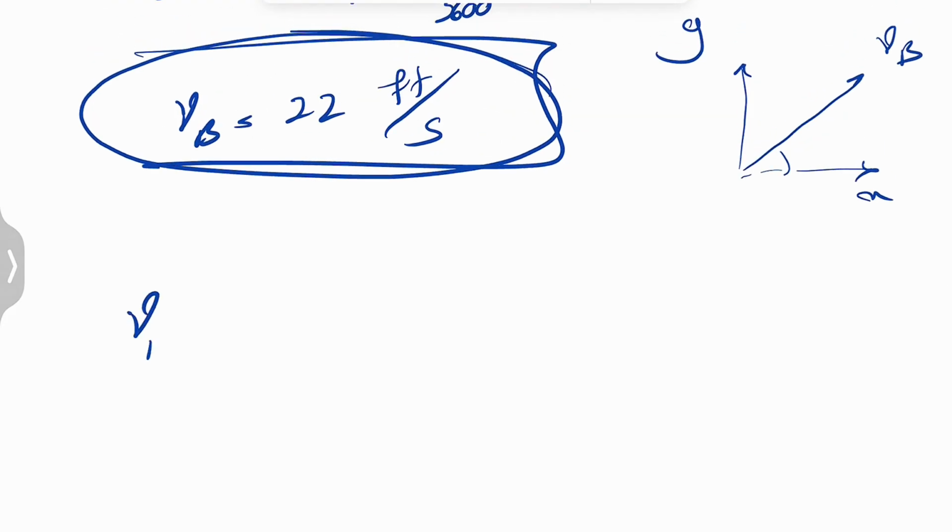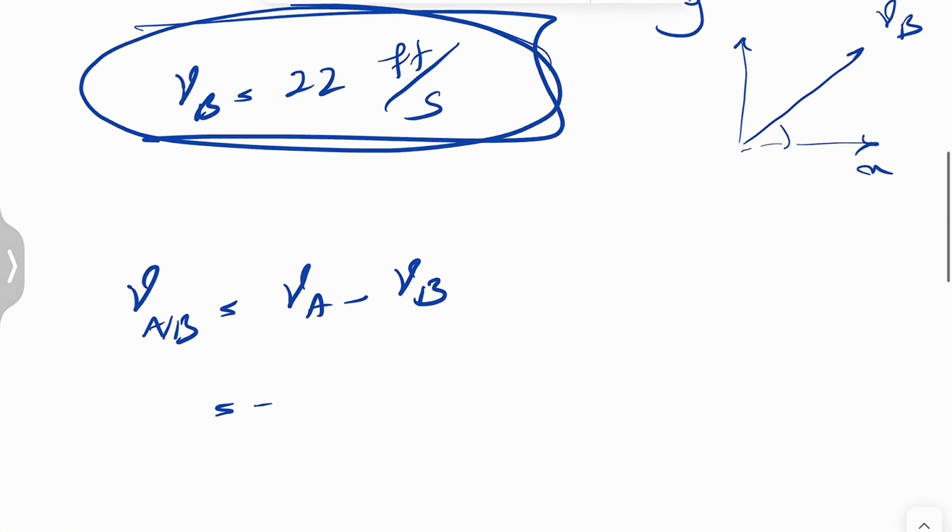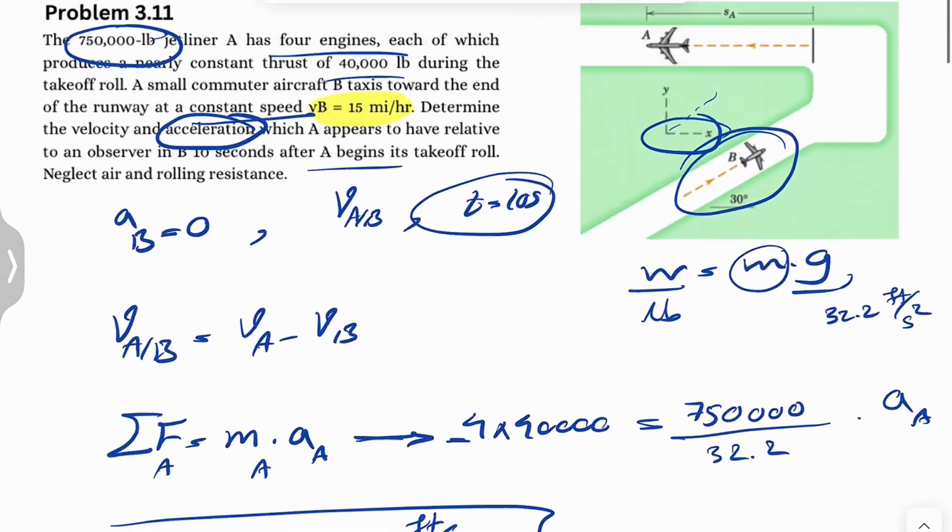So the velocity of A relative to B is going to be vA minus vB. vA we found in the previous part, negative 68.7, and that's going to be along the negative x-axis. That's why I'm showing it with the unit vector for x. And for B, negative 22. Also, we have the angle here.